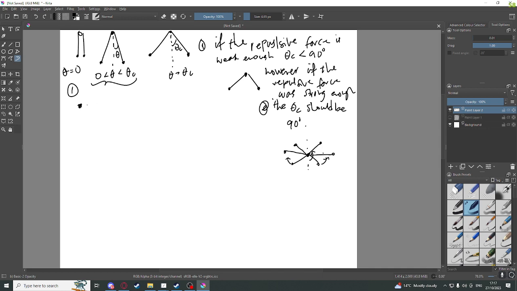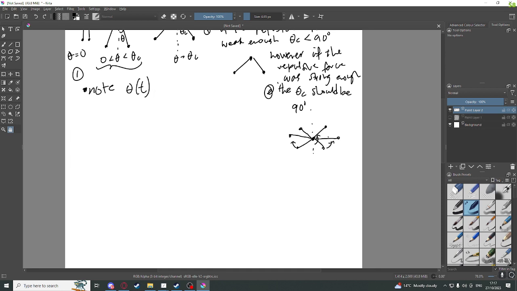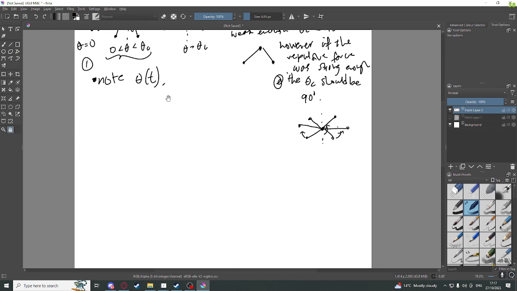Okay, so just a note that theta is my dependent variable and time is my independent variable, so theta will be a function of t. Theta is a function of time.